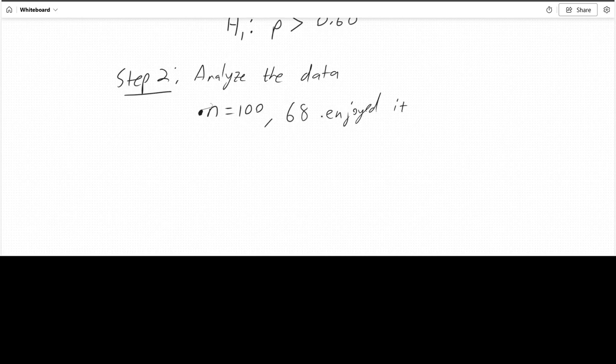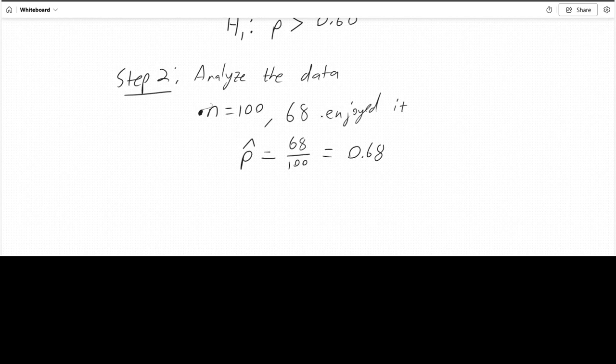Okay, so our sample proportion, P hat, this hat meaning that we're estimating the population proportion, our quick estimate is that 68 out of 100 people enjoyed it, which means our proportion is 0.68, or 68%.